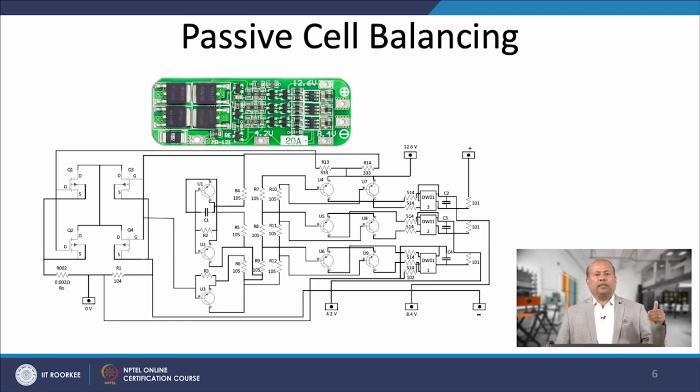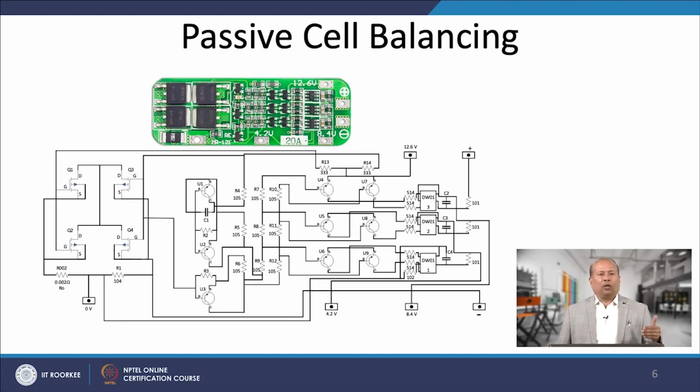Once the battery reaches its limit, the switching MOSFET activates and the current takes the resistive path until all the cells come to the same voltage. Once the threshold voltage or peak charge voltage of 4.2 volt is reached, the protection IC activates and stops the charging operation of the battery module.